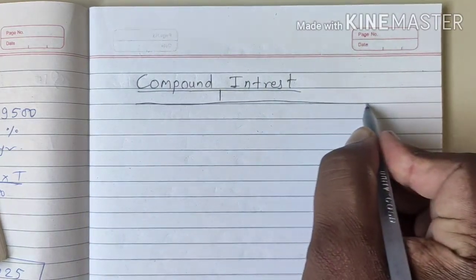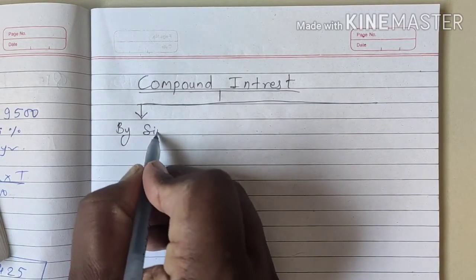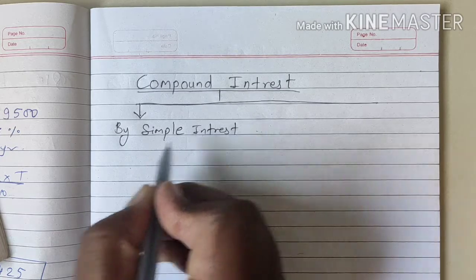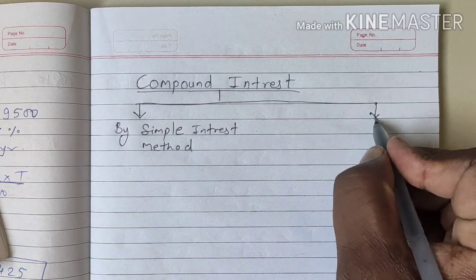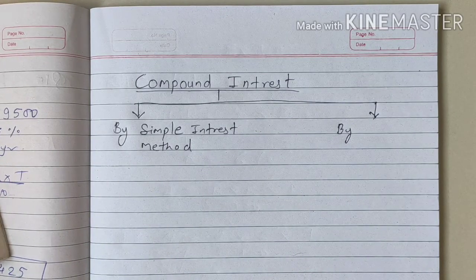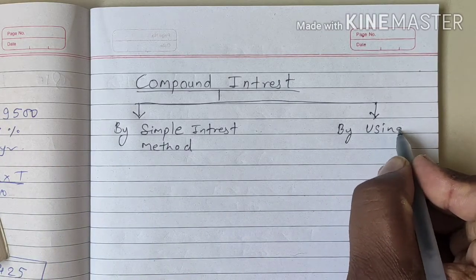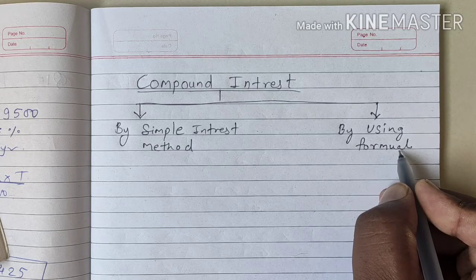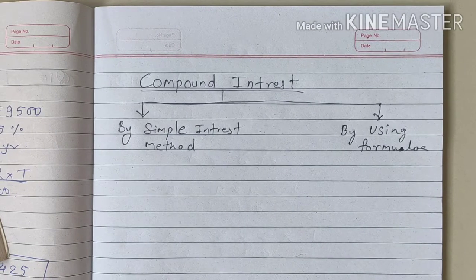The first method is by the simple interest method, and another method is by the formula method, by directly using a formula. So these two methods are there.